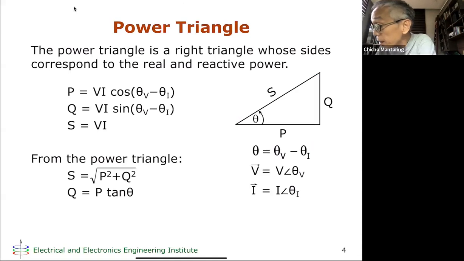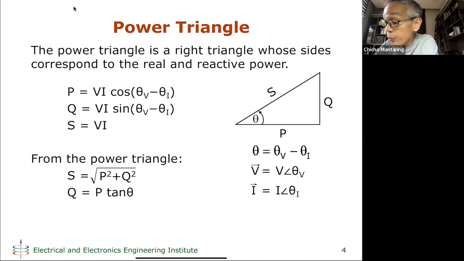The base of the triangle is your real power, and take note that is just S multiplied by the cosine of theta. The height of your triangle is your reactive power, or your VARs, and that's S multiplied by the sine of theta.